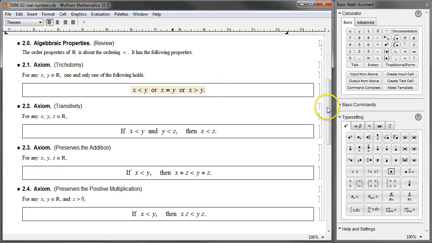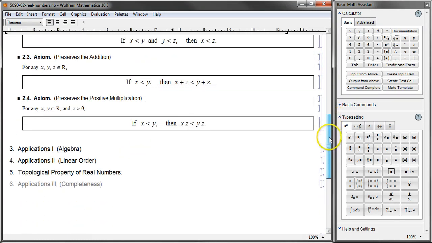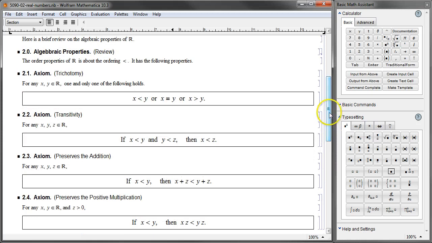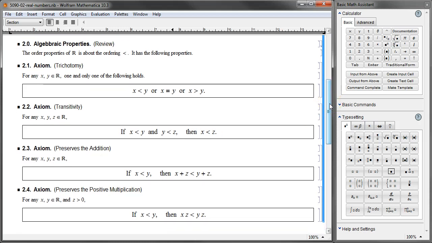By the way, let's have a little bit of digression here. The topological property of real numbers tells us the other way around. For any given point on a line, can we assign a real number there? And the answer is yes. So the algebraic property, and especially the order property, 2.1 and 2.2 in particular, tell us that it is possible to arrange all the real numbers on a line.